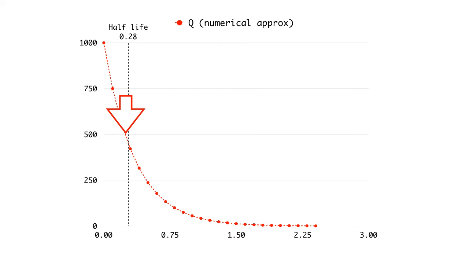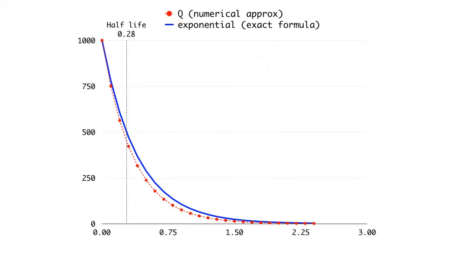So it's a little bit fast, and the reason for that is we're doing a numerical approximation. It's a fairly nice approximation. Delta t is fairly small compared to the half-life, compared to the time constant, and so we're getting a fairly good approximation. Now, the actual function is an exponential, and you can read about it in the textbook. Here it is in blue.